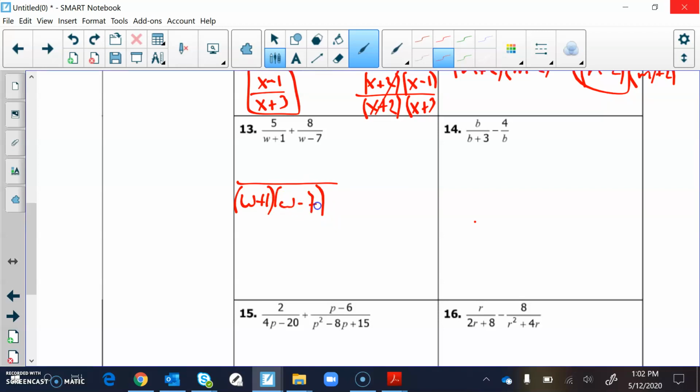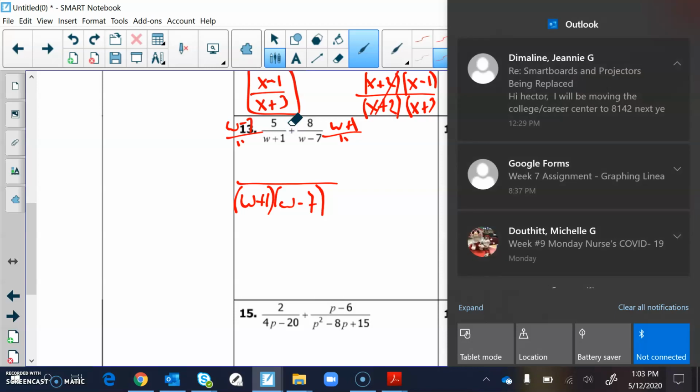Okay, so if I want the two fractions to match, then the first fraction needs a w minus 7. Second fraction needs a w plus 1. So multiply by w plus 1 over w plus 1, multiply by w minus 7 over w minus 7.